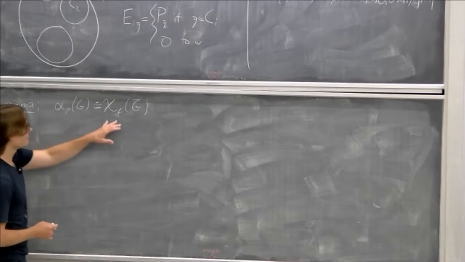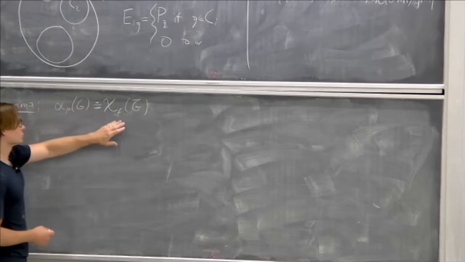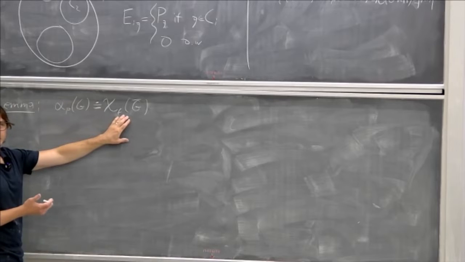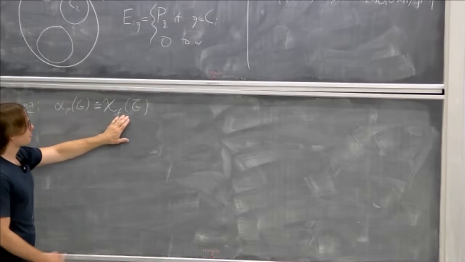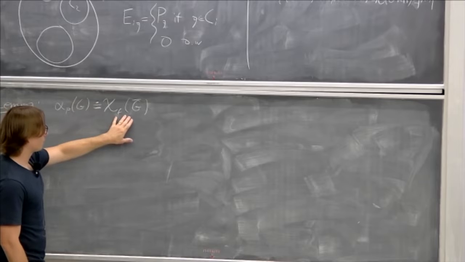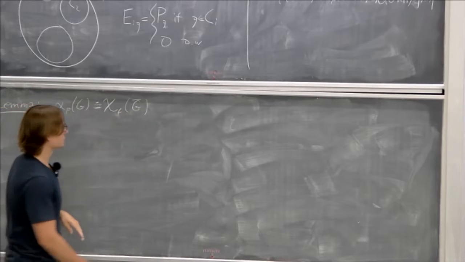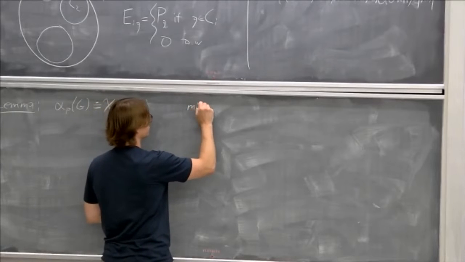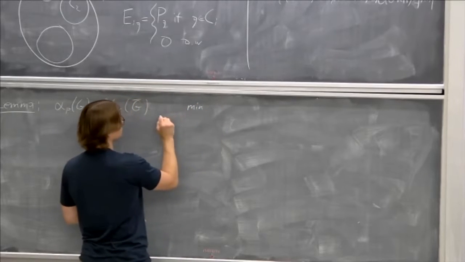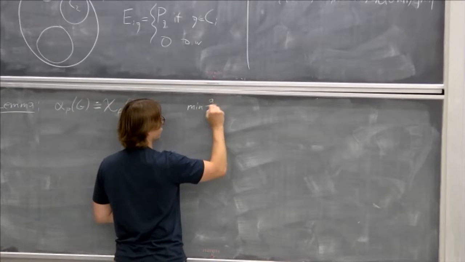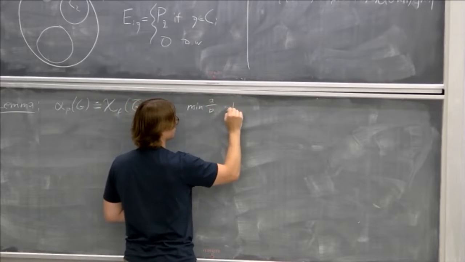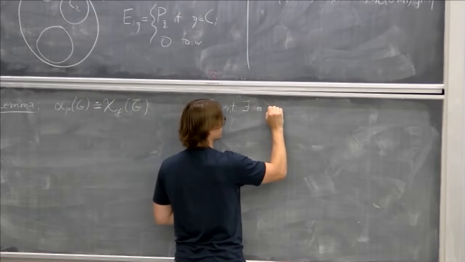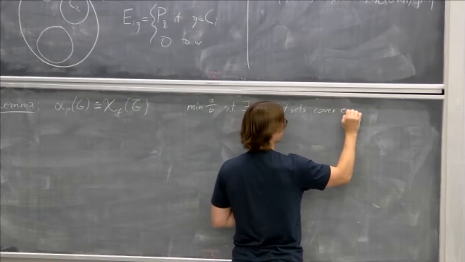So I'll tell you. There are many different definitions. You can write an integer program for chromatic number and take the linear relaxation. But a way that I like, which is more relevant here, is that it is the minimum of A over B such that there exist A independent sets that cover each vertex B times.